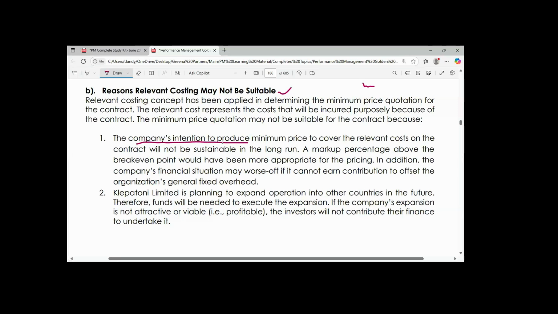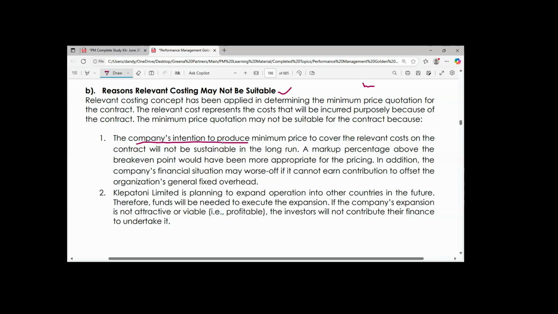A markup percentage above the break-even point would have been more appropriate for the pricing. In addition, the company's financial situation may worsen if it cannot earn contribution to offset the organization's general fixed overhead.